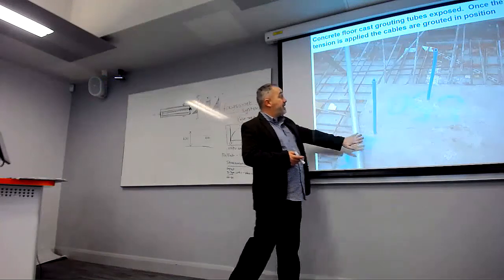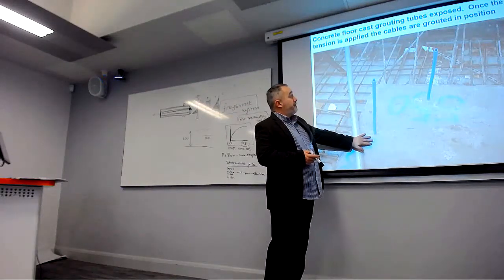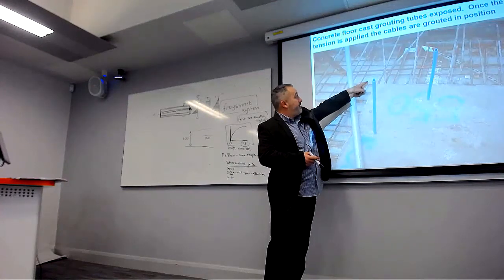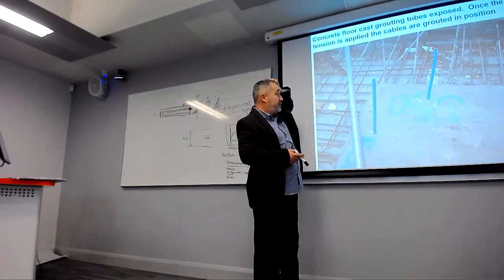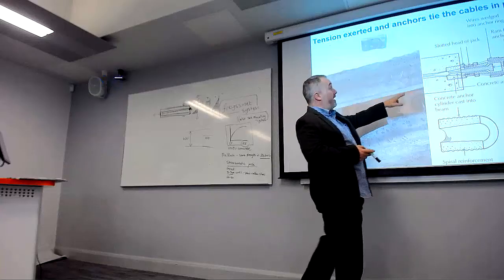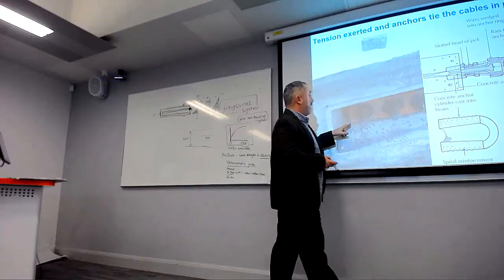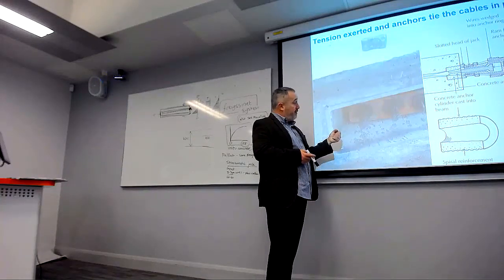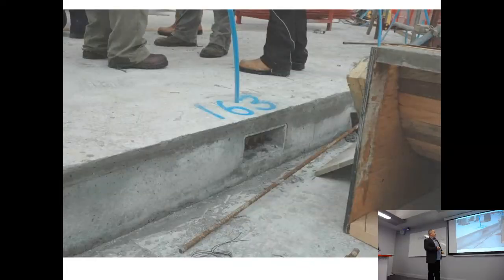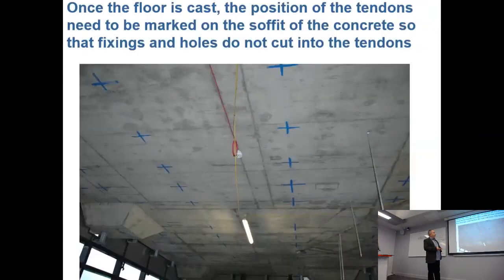Once the concrete's cast, they pull the wires and then fill the tubes with grout. That's a little diagram on the blackboard of how the anchor block works. Once they're pulled through, they don't go back. That's a finished anchor block, which they then close off with concrete.